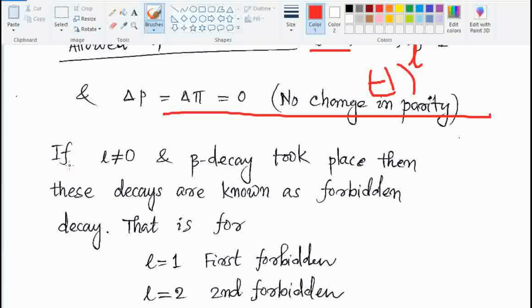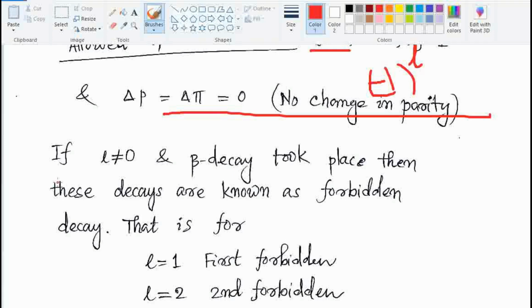Now suppose in any reaction the L value is not equal to 0, that means it is not allowed, but still the beta decay takes place. Then what can we argue in this type of reaction? We can say that this type of reaction is forbidden. Forbidden means not allowed, that is the dictionary meaning.